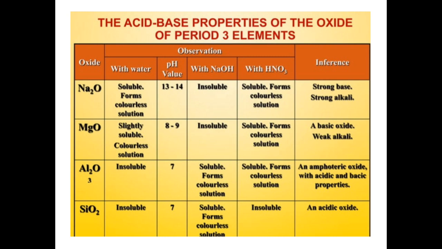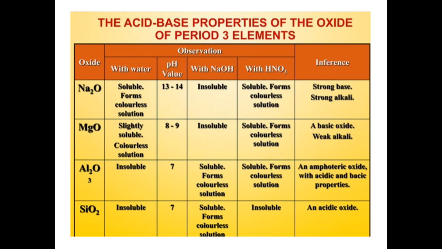Okay, so let's look at the properties of the oxides that these elements in period 3 form. If you look at sodium oxide, when it reacts with water, it forms a soluble, colorless solution, and the pH value is around 13 to 14, which makes it basic.